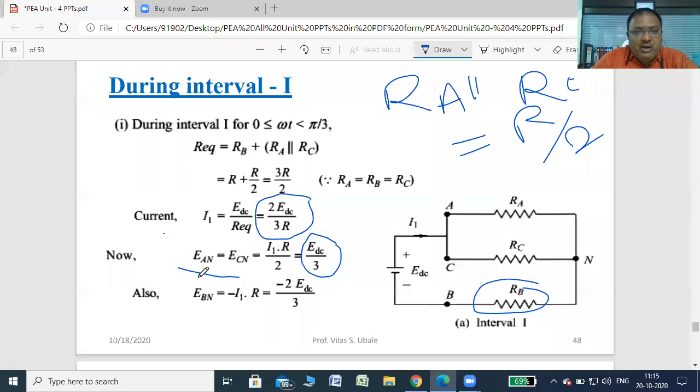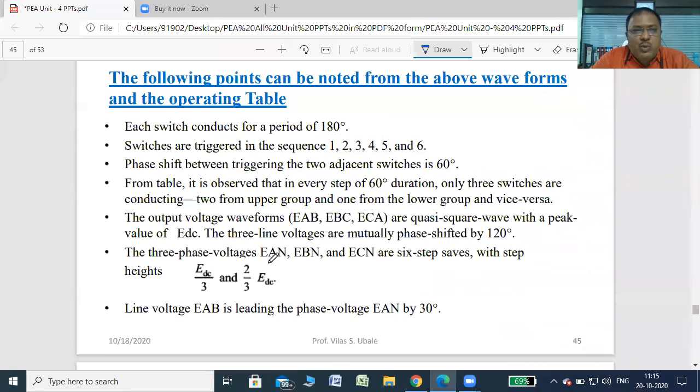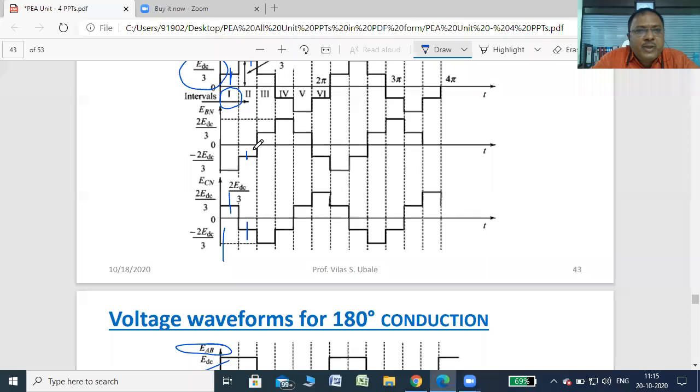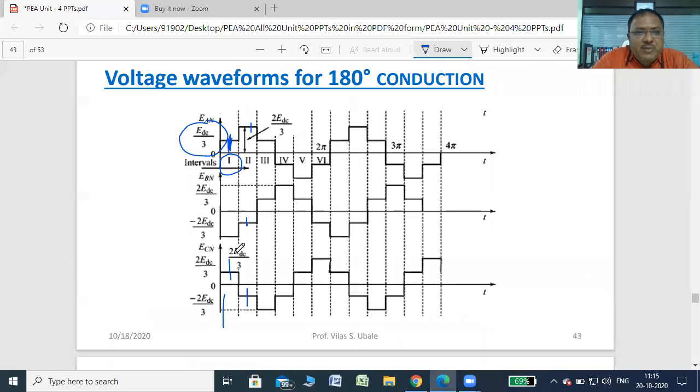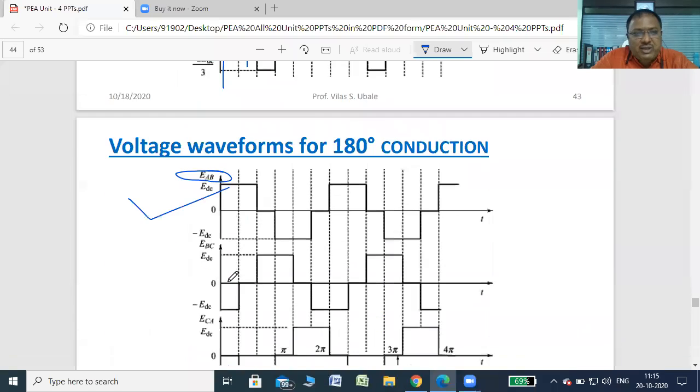In this particular interval, EAN and ECN are both equal to EDC by 3. Check here, this is EDC by 3 and this is also EDC by 3. In this waveform, EAN and ECN are both EDC by 3.